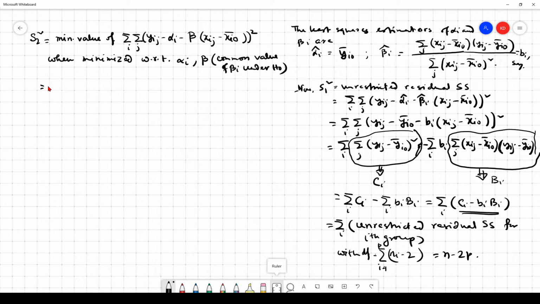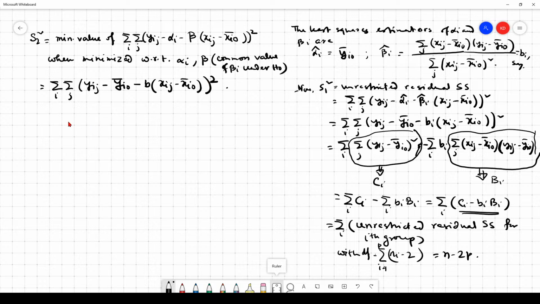If you replace the least square estimates of alpha and beta, then you get yij minus yi naught bar minus b (xij minus xi naught bar) whole square.